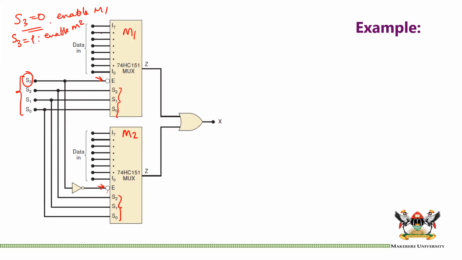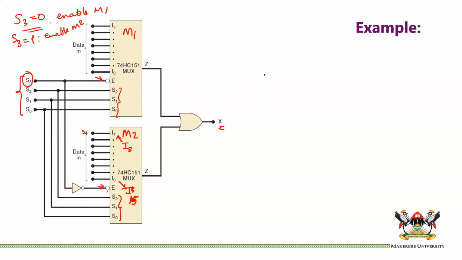Now we have our inputs I7 to I0 and I7 to I0. I can rename this one to I8 and so on up to I15. So you can see that when M1 is enabled, M2 is disabled. That means that these inputs can go through to X. And when M2 is enabled, these inputs cannot go to X, but the inputs of M2 can go to X.